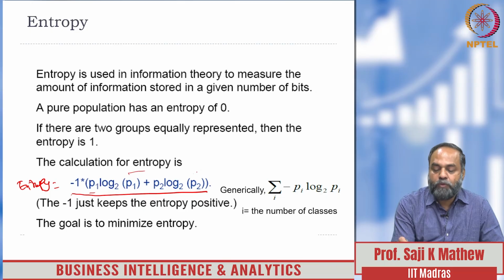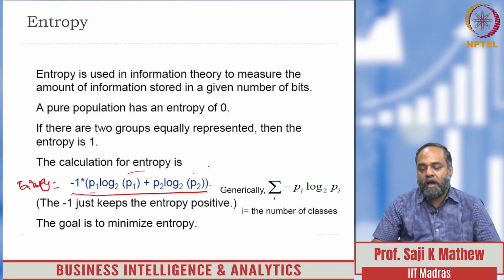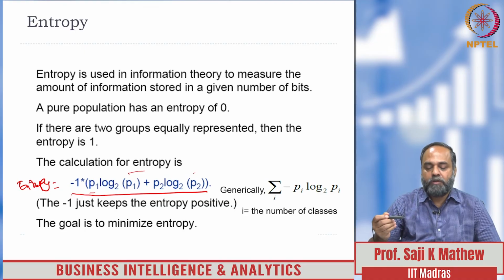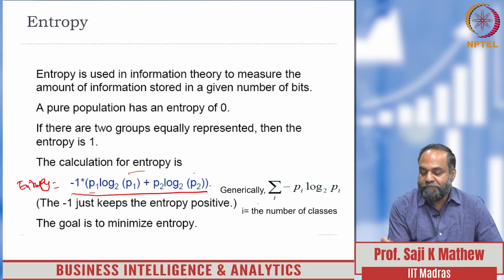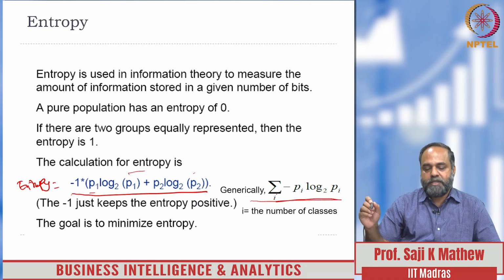What is P1 and P2? It is the same as the proportions, the proportion of a class within a node. We discussed what is that proportion in the previous example, and this particular formula is given for a binary target variable, where there are only 2 proportions P1 and P2, or 2 classes 1 and 2. But if there are more number of classes, you can use a more generic formula like this.